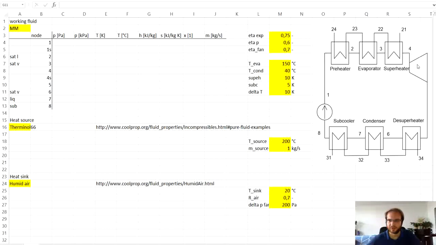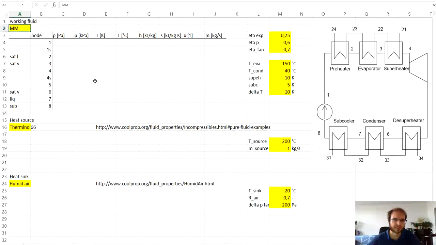Then the working fluid is routed into the expander, expands into point 5, and as we have shown before on the TS diagram, the working fluid will most likely be superheated, so we have also the heat rejection separated into three distinct sub-heat exchangers: the superheater, condenser, and subcooler. So therefore we have 8 nodes in here, and then we have 2 auxiliary points, 1S and 4S, which will mark the ideal isentropic state at the outlet of the pump, or respectively the expander.